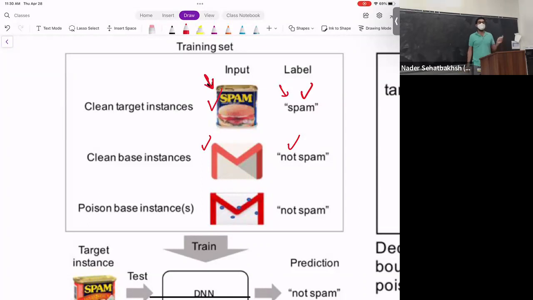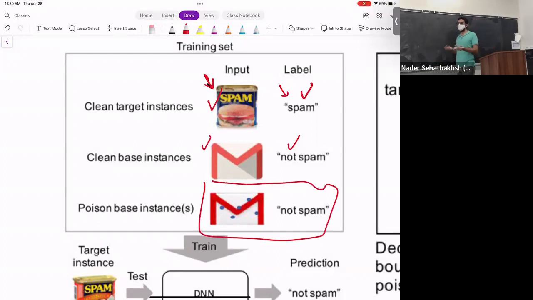And what the attacker does is add these poison sets, these additional labels and additional records, to your input training. So what they do is send some actual spam records, but label them as not spam. So this is indeed a spam record.